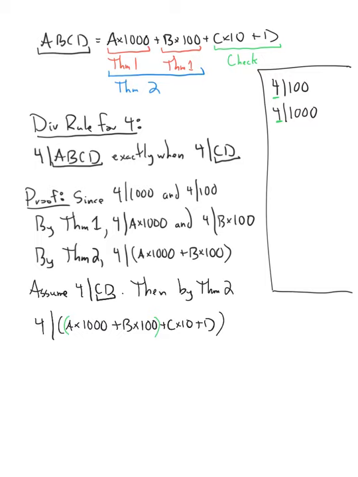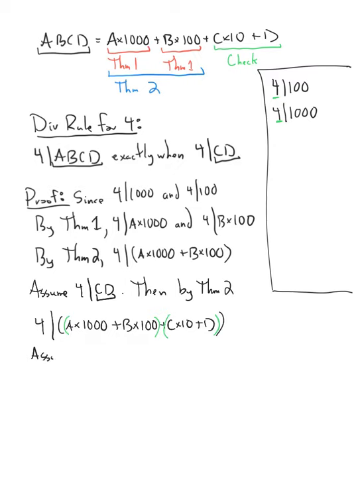There's the number we know for sure in all cases is divisible by 4. And the C times 10 plus D, that's what we have to check. If it is, well, we know the entire number is divisible by 4 since Theorem 2 applies.